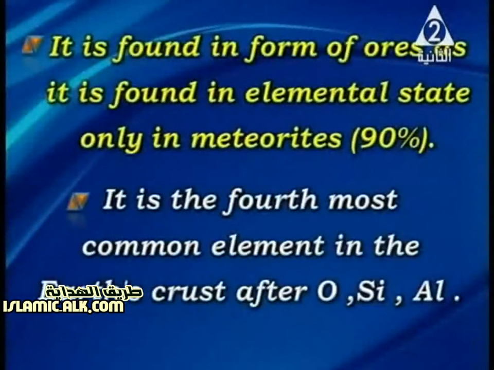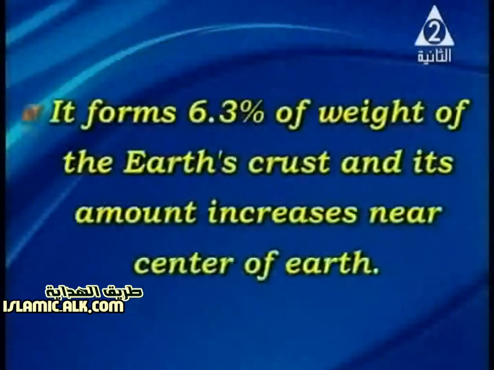Iron is the fourth most common element in the Earth's crust after oxygen, silicon, and aluminum. It forms 6.3% of the weight of the Earth's crust, and its amount increases near the center of the Earth.